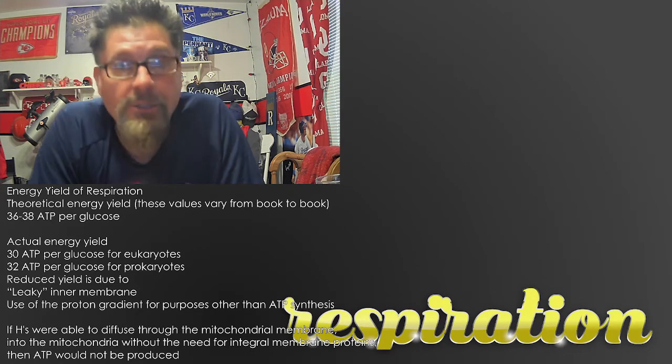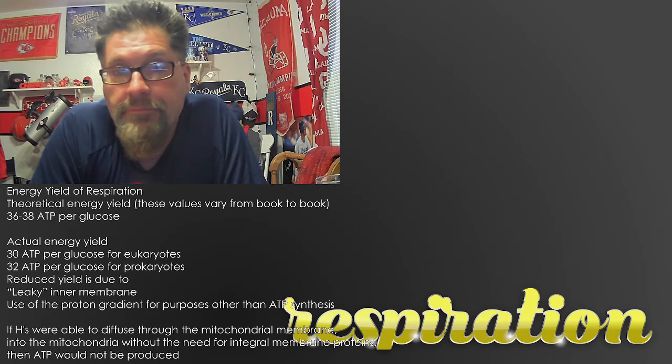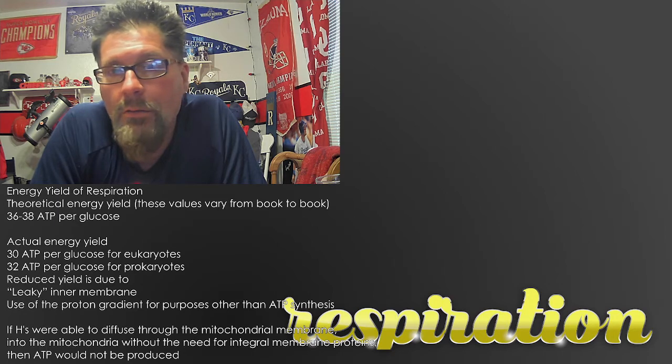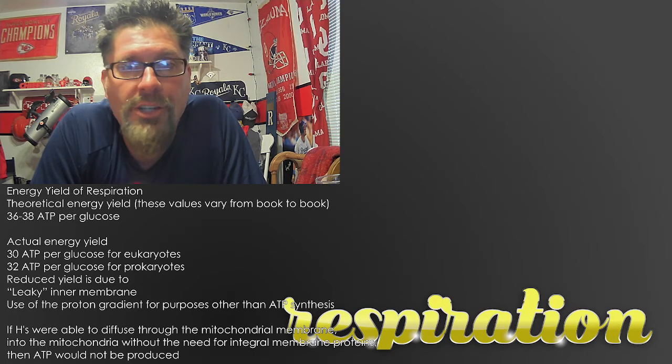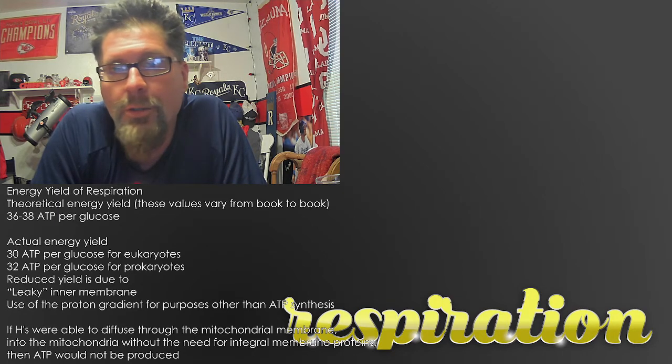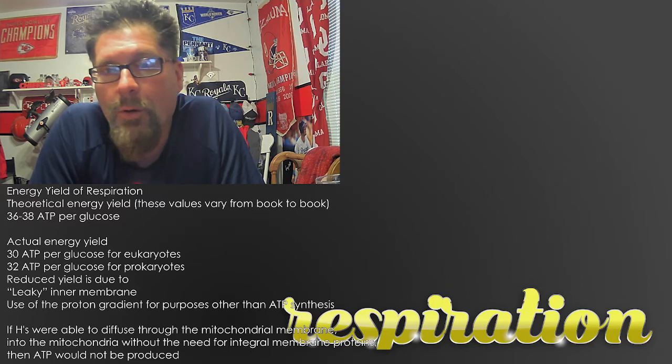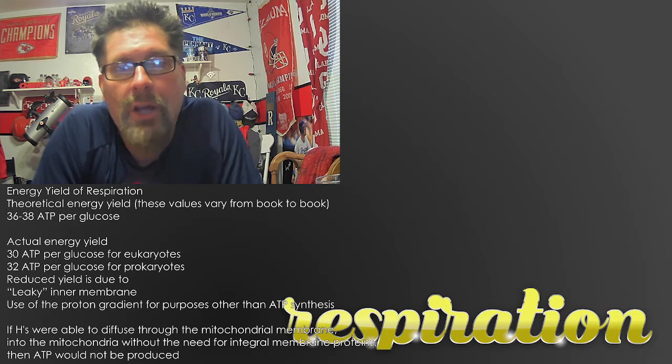Excuse me. And there are some good reasons for that. You'll see anywhere from 36 to 38, actual energy yields 30 to 32 for eukaryotes and 32 to 34 for prokaryotes. But there's a reason for that.